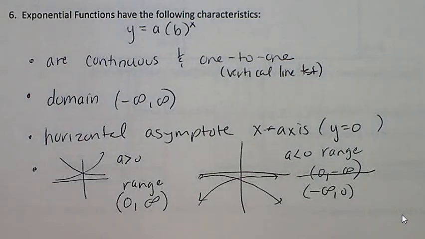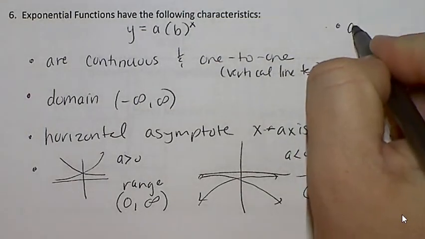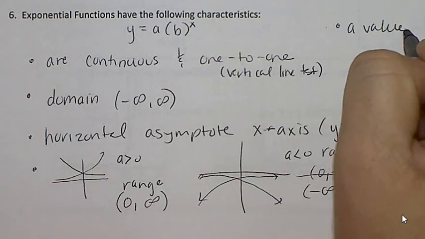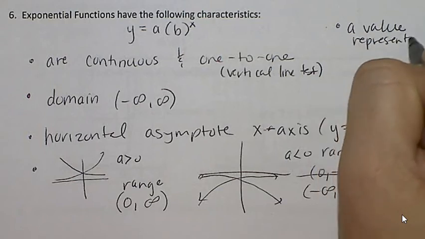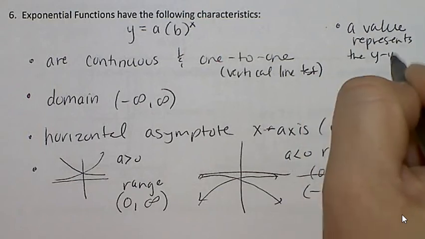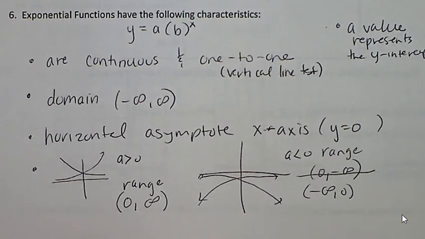Two concepts left. I'm going to fit them up here. The next concept is the a value represents the y-intercept. And the last one is just a little more detailed.